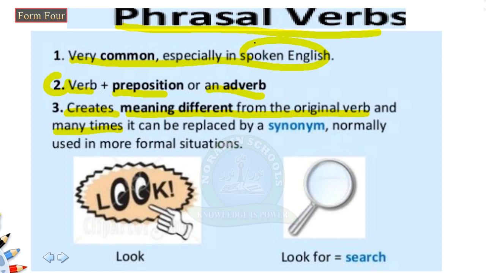When you add a word to look, for example, everybody knows the word look. Look out of the window. But if I add for, it is a phrasal verb. So it creates a meaning different from the original meaning.